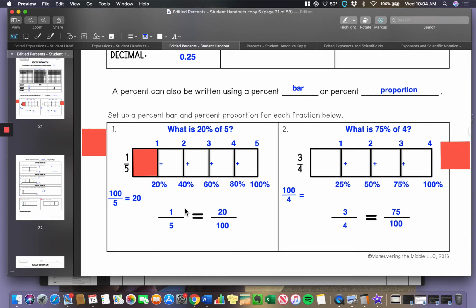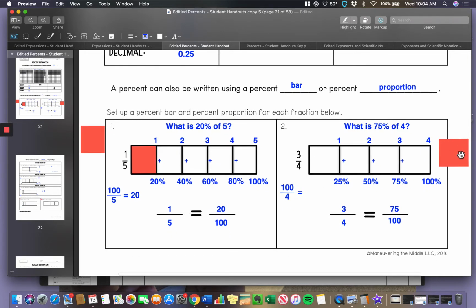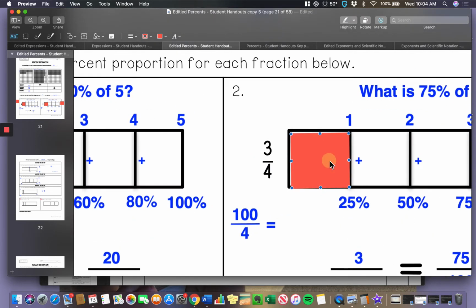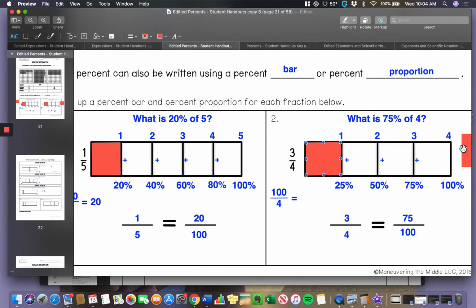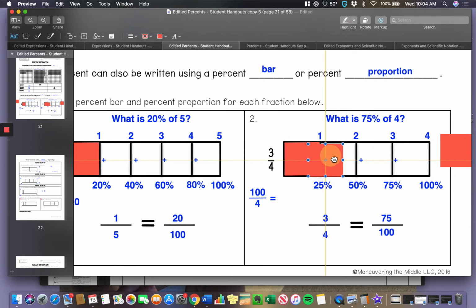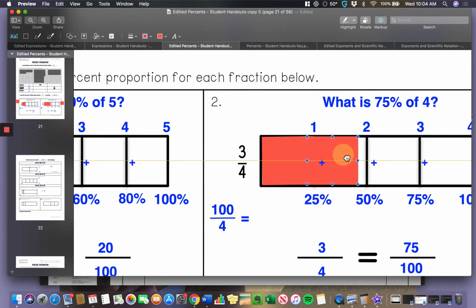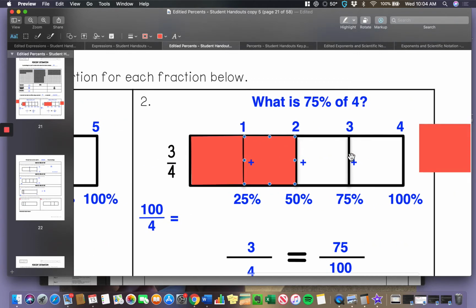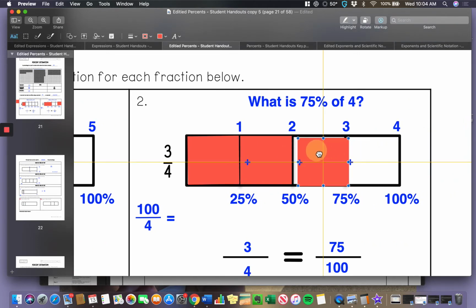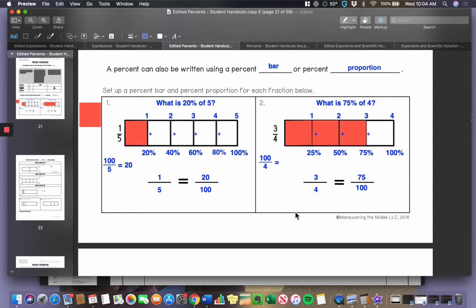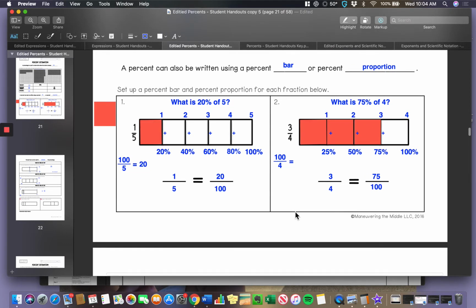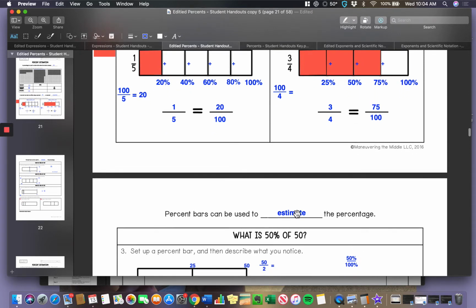Another thing I always like to do, since this was 3/4, is take my boxes and just fill them in. Percent bars can be used to estimate the percentage.